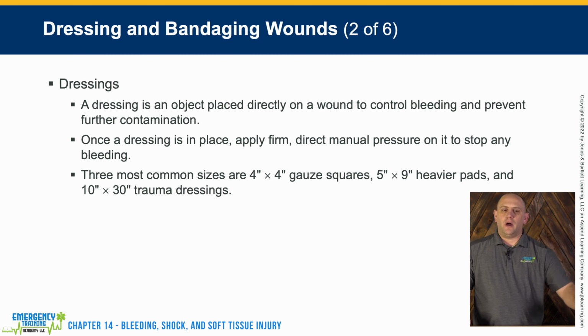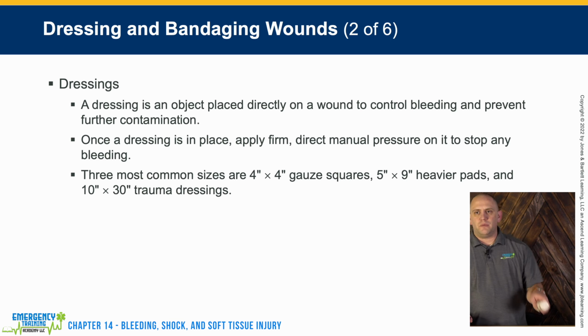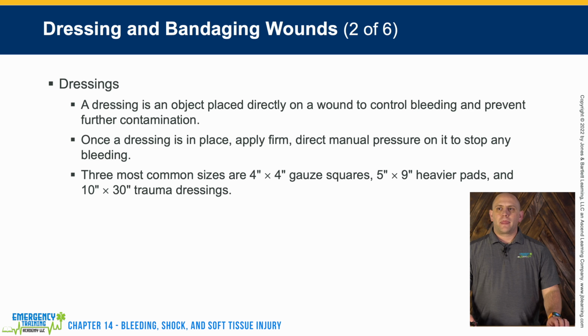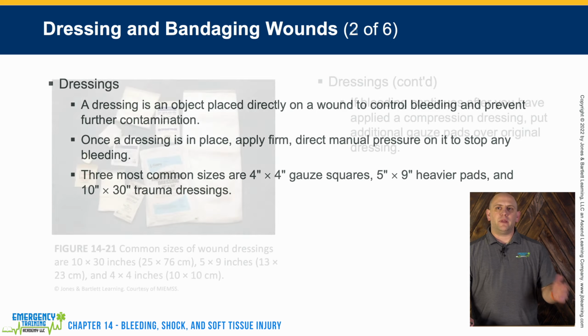We've talked about different types of gauze. Here I have compressed gauze, but they also have rolled gauze. We can use triangle bandages or our compression bandages. The principles that we're trying to follow when we are dressing these wounds is we want to make sure that the wound is completely covered.